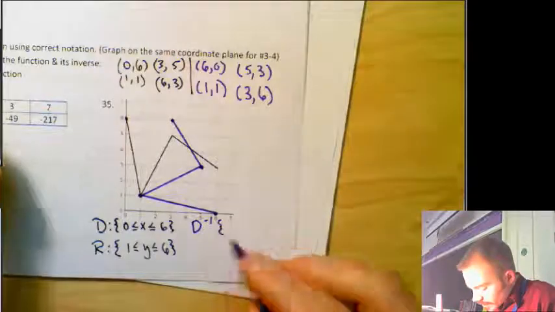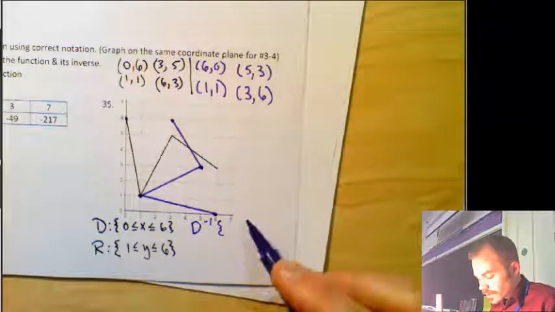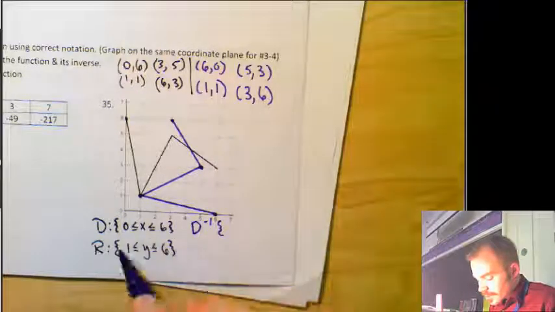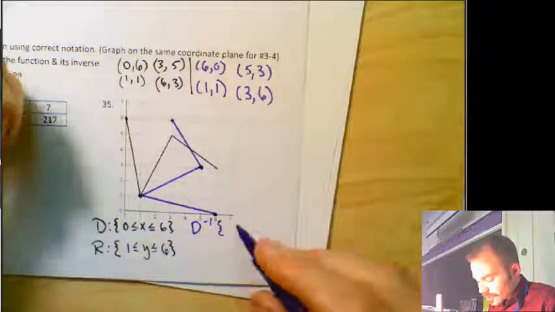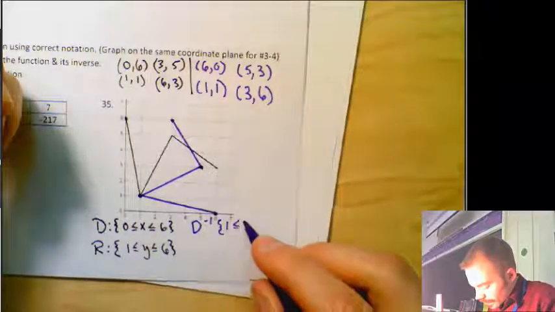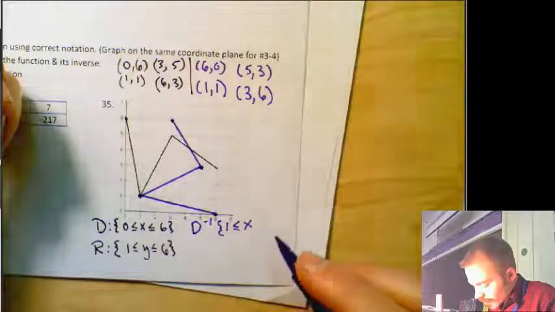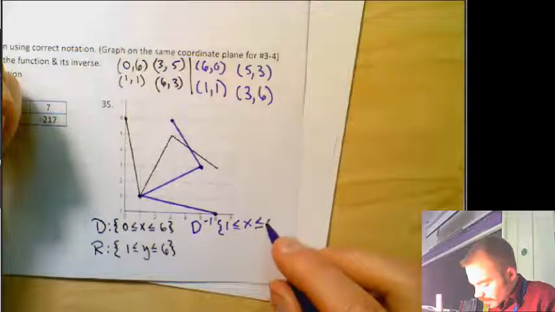One thing that's helpful to note is the domain is just the range of the original function, and I just replace the y with an x. So I can just write this as 1 ≤ x, since I'm dealing with the domain, ≤ 6.